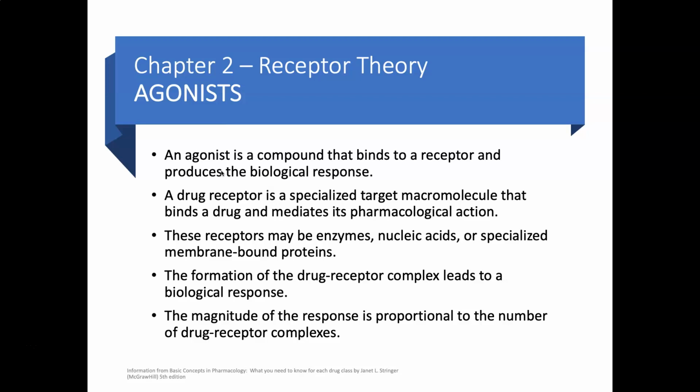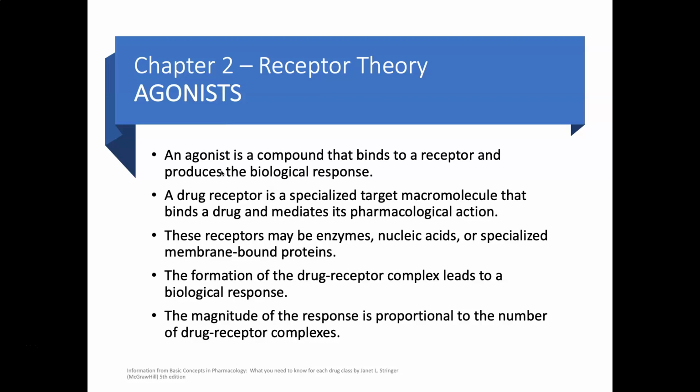Now, these drug receptors can be enzymes, nucleic acids, or specialized membrane-bound proteins. They can be any of those. When the drug and the receptor form this complex, when the pick of the agonist meets the doorknob of the receptor, it's going to have a biological response, which is to open the door, and then what happens after that.